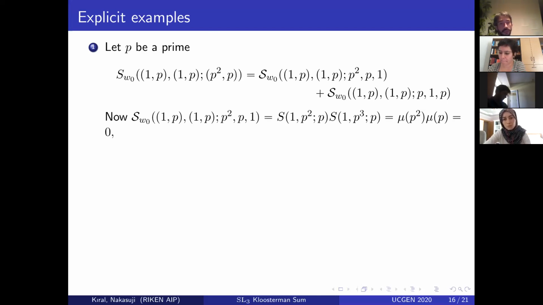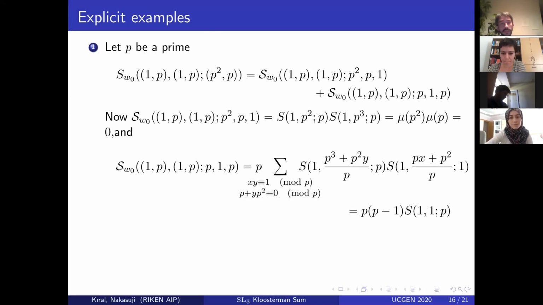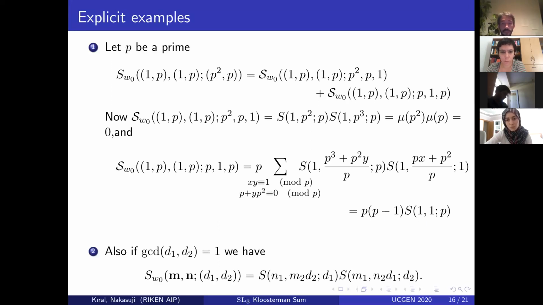The first one you can just calculate from the formula in the previous page. It's 0. The second one, you do the calculation and it's rather simple, p times p minus 1 times s11p. So you can be quite explicit that this whole thing ended up being p times p minus 1 times s11p.